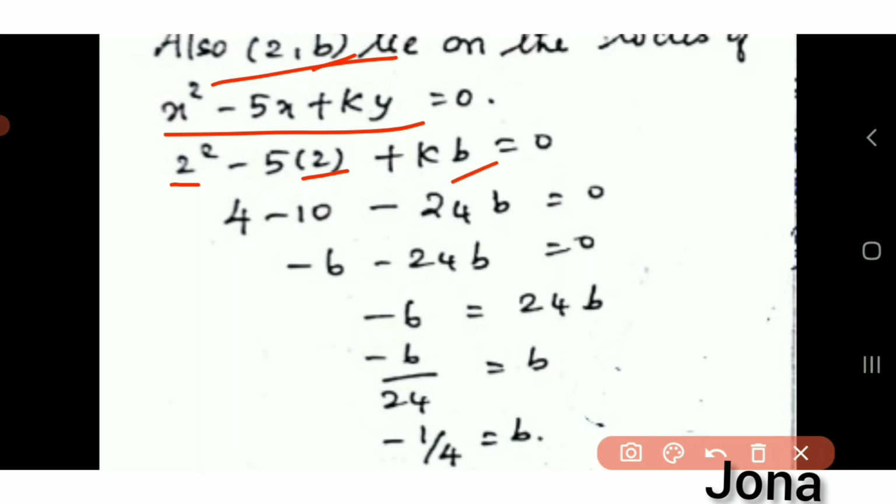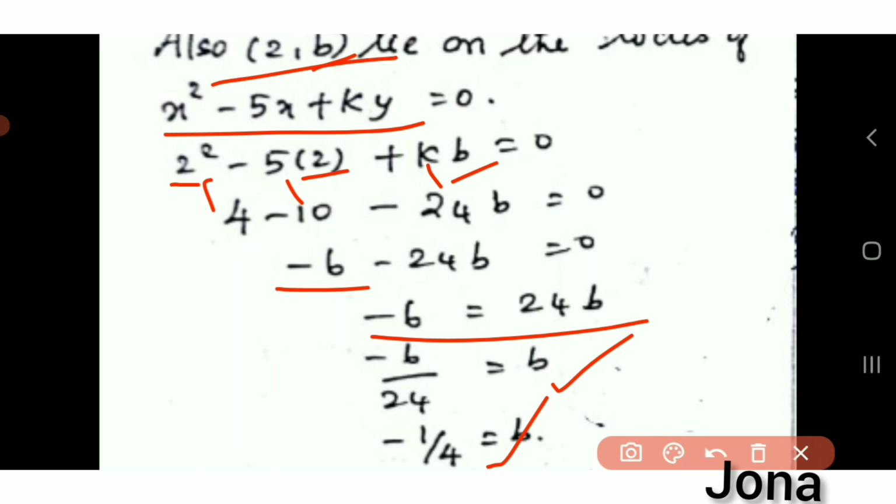Then simplify this: here we have 4, here it is minus 10, and the k value we already found is minus 24, so minus 24 b here. If you simplify this, that is minus 6 minus 24 b equal to 0. So that we have minus 6 equal to 24 b. Then b equal to minus 6 by 24. If you simplify this we have b equal to minus 1 by 4.